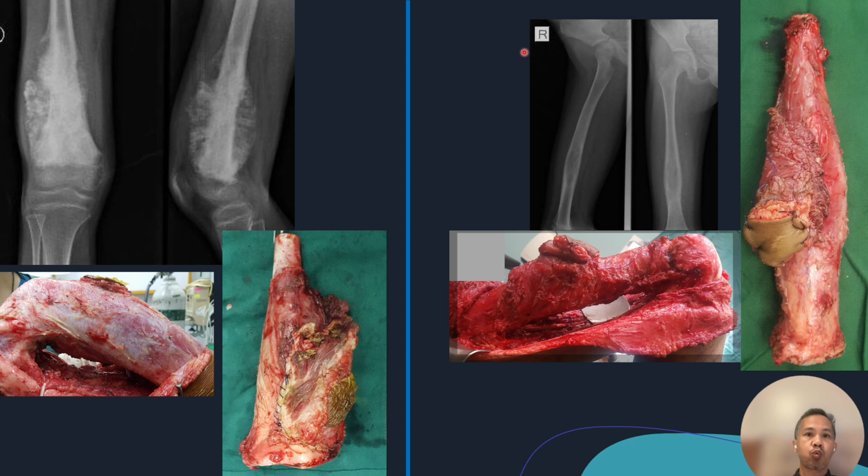Intra-articular resections are the ones we are actually doing for our limb salvage. We go inside the joint, fashion our cut to resect en bloc our lesion, while extra-articular is we go outside the joint. Both of these resections shown are intra-articular. Both patients underwent limb sparing surgery using tumor prosthesis.